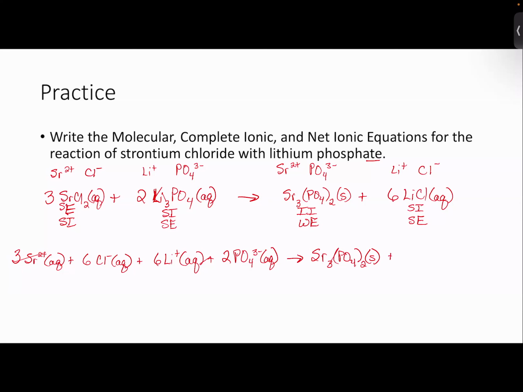And then lithium chloride, I'm going to dissociate into its ions of lithium ion and chloride ion, the ions having the same state of matter as the parent. The fact that there are 6 lithium chlorides means that there are 6 of those units. So there are 6 lithiums and 6 chlorides. And now you have the complete ionic equation.